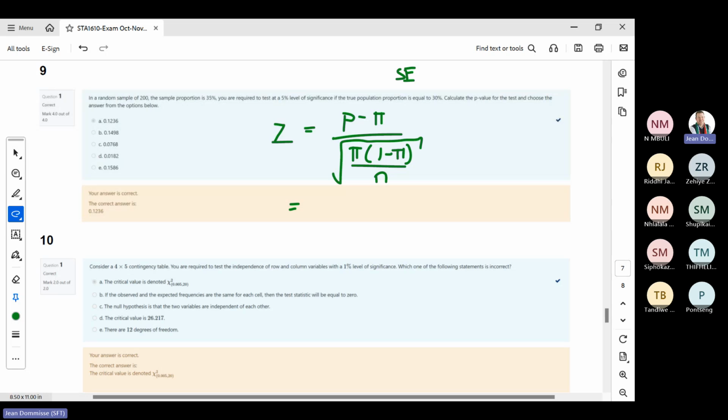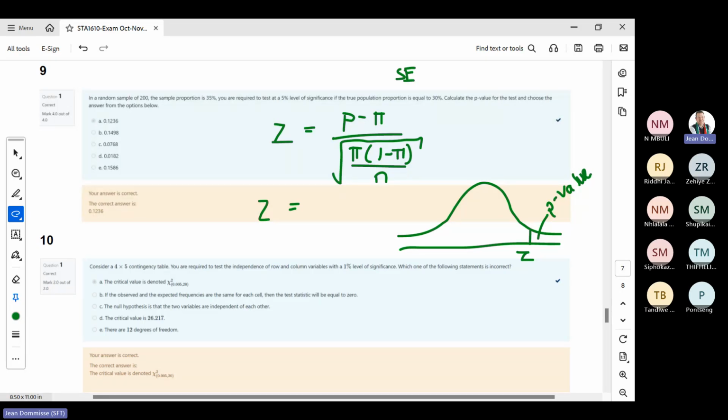But then you will get a z value, and with that z value you can work out the p-value. Now what's important is: is it one or two tail?